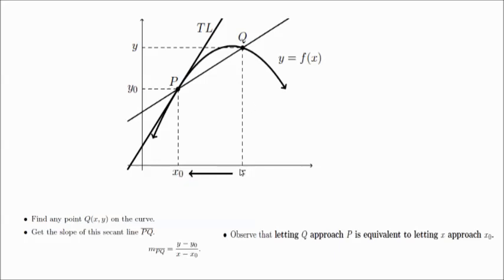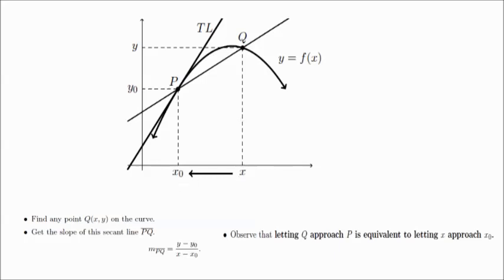When this x, which is the value of Q, gets closer, that is where we get the point of the tangent line. So, x approaches x sub 0.